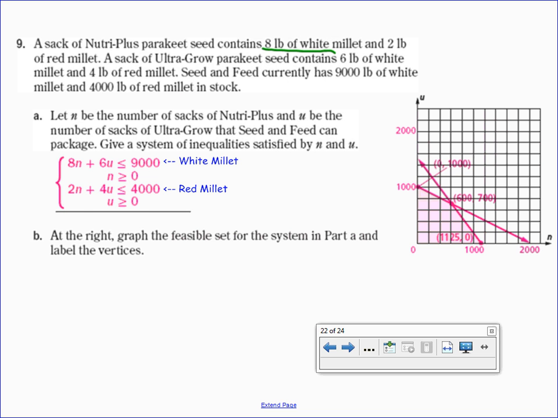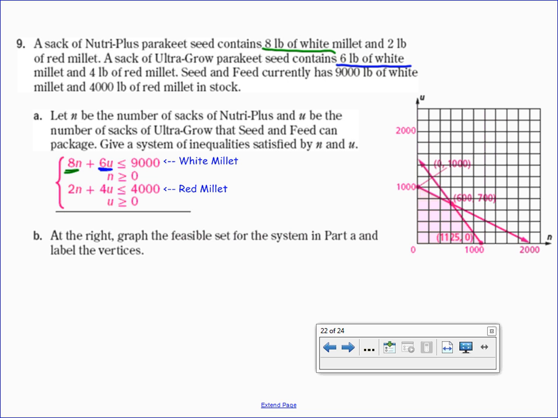And so that's where this 8 multiplier comes from in our linear combination, kind of like our student ticket contribution to sales versus adult ticket contribution to sales. Every NutriPlus pack takes 8 pounds of white millet. Now let's find the UltraGrow contribution. It looks like 6 pounds of white millet for every UltraGrow U sack we package. That's where that 6 came from.